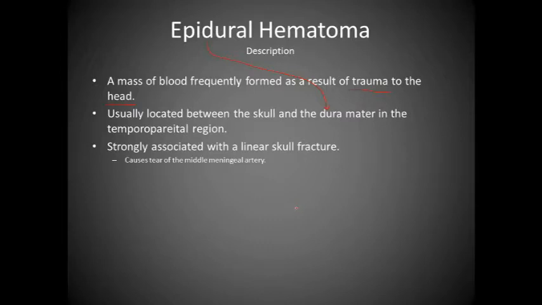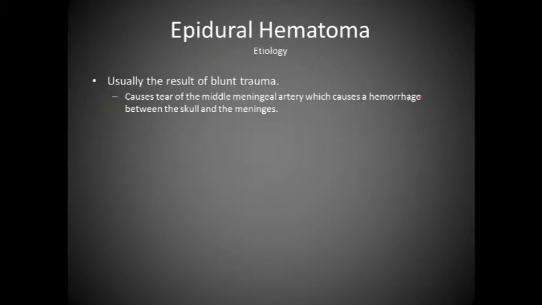It's strongly associated with a linear skull fracture, and this really causes a tear of the middle meningeal artery. And so because you have a tear in this artery, that's where the blood is actually going to come from. It causes the hemorrhage between the skull and the meninges.